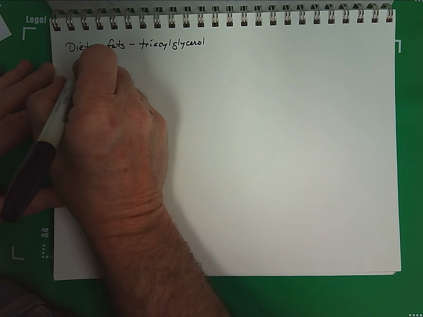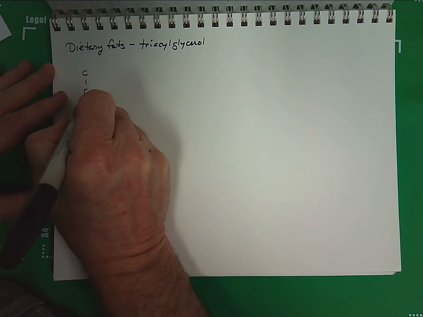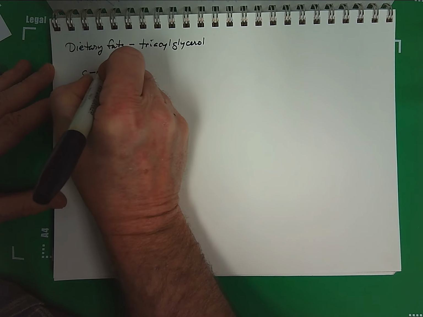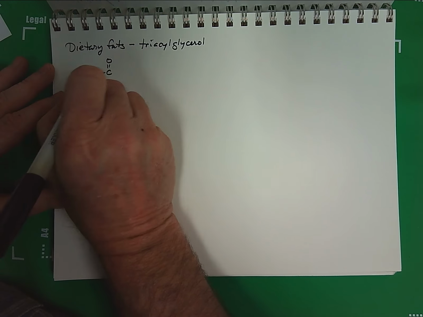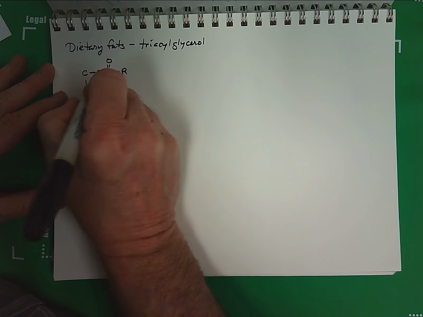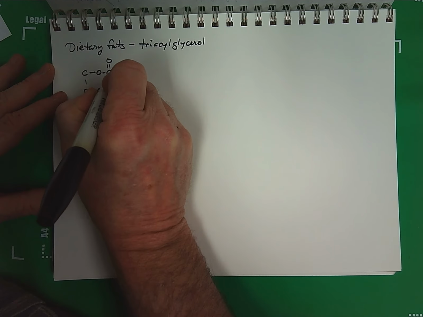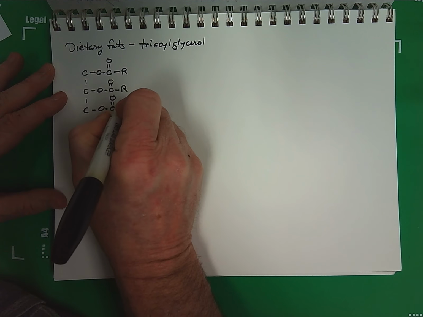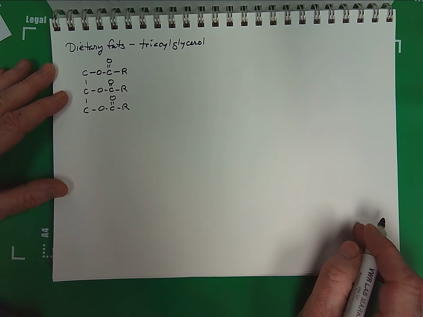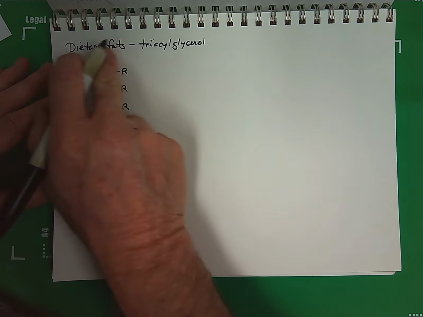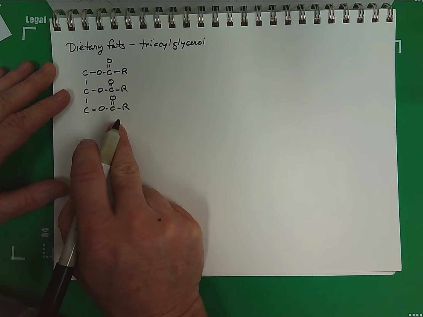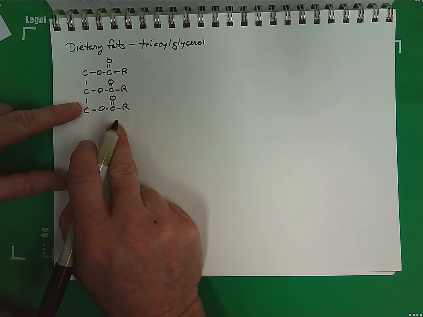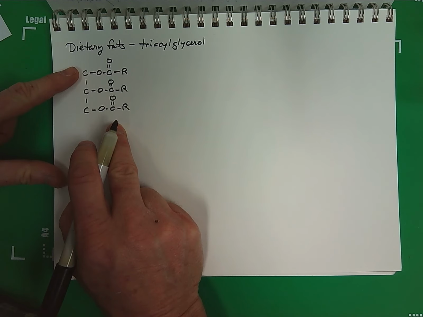Now recall, a triacylglycerol is the glycerol backbone, and we have an ester linkage with our fats, our fatty acids, attached to each of the carbons of the glycerol backbone. Now, in order to get these compounds across the cytoplasm and into the blood, we need to break this up in the same manner as the carbohydrates. We need to hydrolyze these bonds.